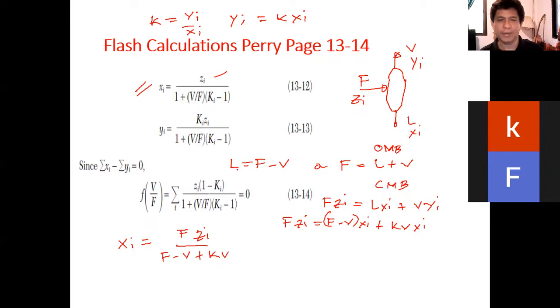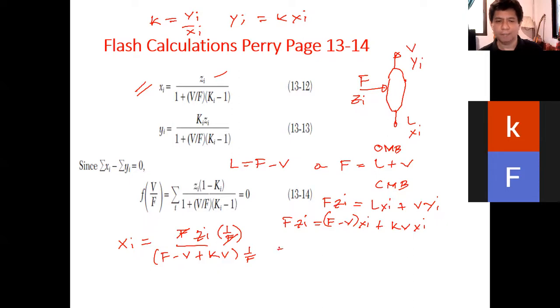Ano nga yung ginawa natin para maging kamukha na siya nung equation sa handbook? Kasi tinanggal niyo yung F sa numerator niya, Z sub I na lang. Anong gagawin? Just need to multiply it by 1 over F, yung baba at saka taas. So pag multiply niyo ng 1 over F yung taas, multiply niyo ng 1 over F yung baba, para lang kayong nag-multiply ng 1. Magka-cancel ito, wala na siyang F sa numerator.